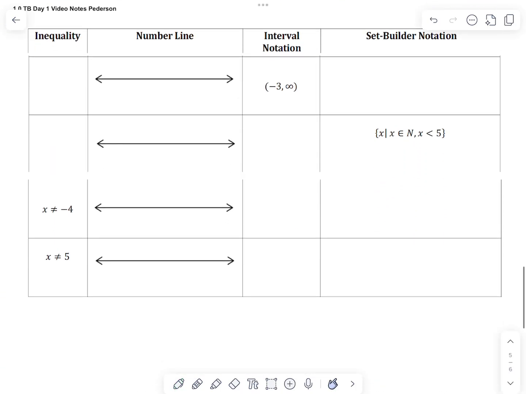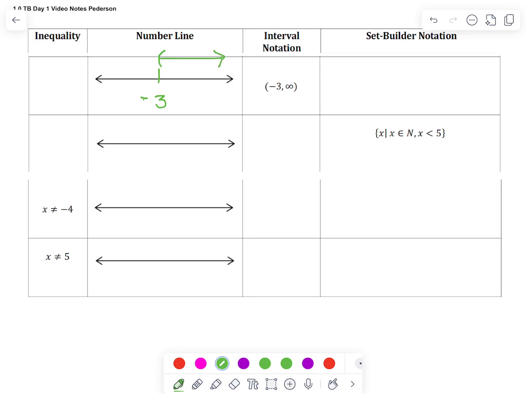All right, here's some more. Now we're giving you an interval notation. So I like to do the number line first. So here's our negative 3. And it's saying here that we're starting at negative 3 and going to positive infinity.